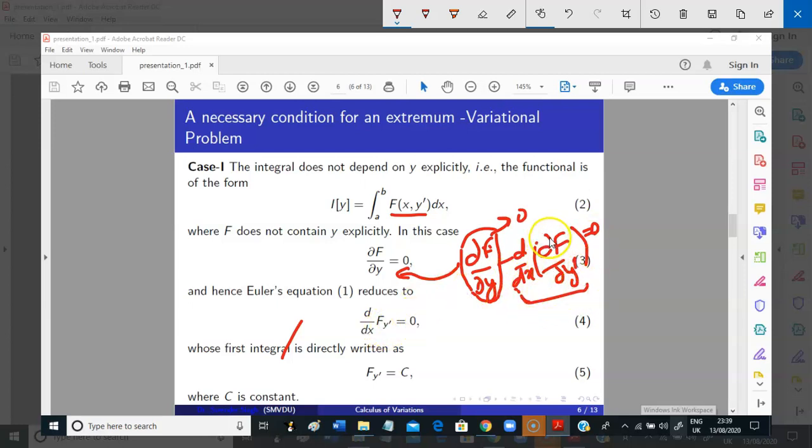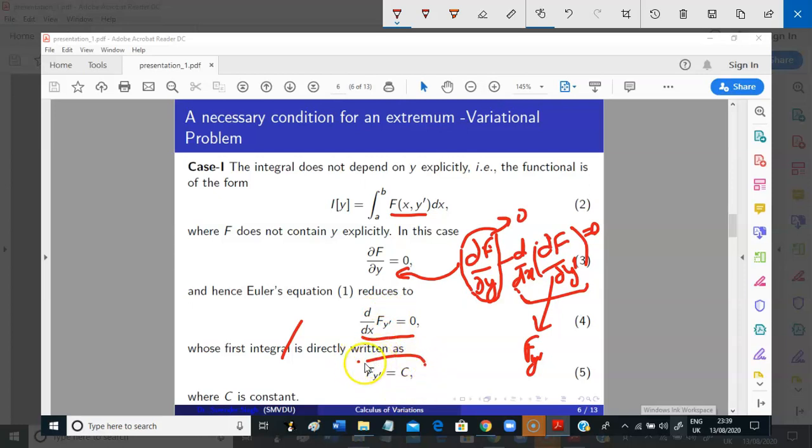And in this part you can see ∂F/∂y' means F subscript y', the partial derivative of F with respect to y'. So this can be written in this way. When the total derivative of this is equal to 0, that means this quantity must be constant. So you can directly write like this.